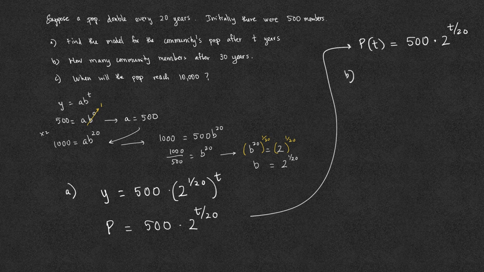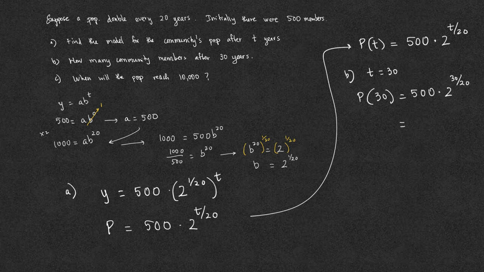B. How many community members after 30 years? In this case, t is 30. All we need to do is evaluate the population when t is 30 by plugging 30 in where t is: 500 times 2 raised to the 30 over 20.